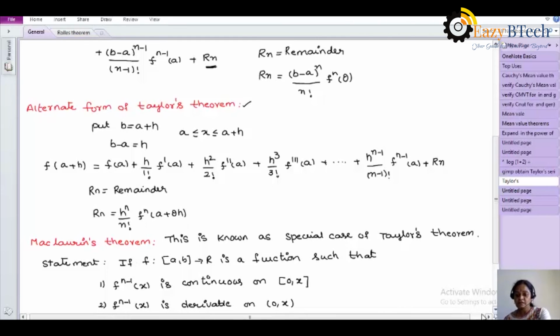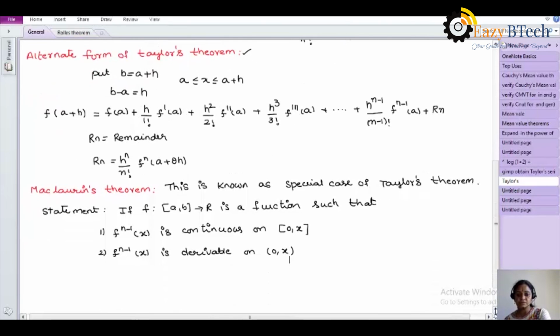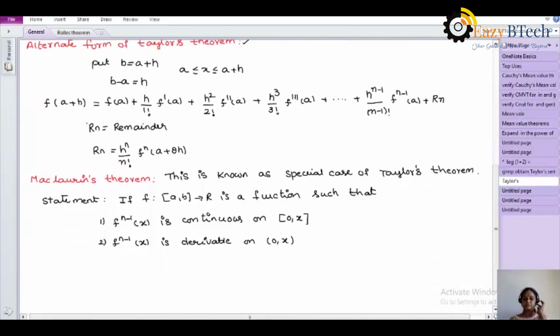So here in the theorem, first we wrote f from a comma b to R. Here we are taking the limits a comma b as 0 comma x in this theorem. a comma b is nothing but 0 comma x.